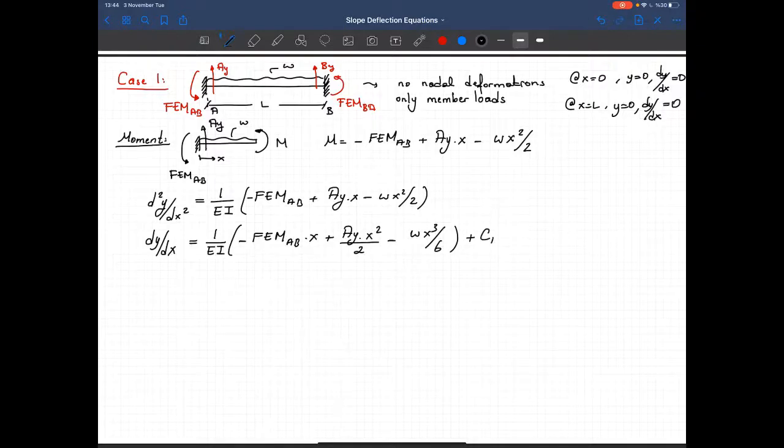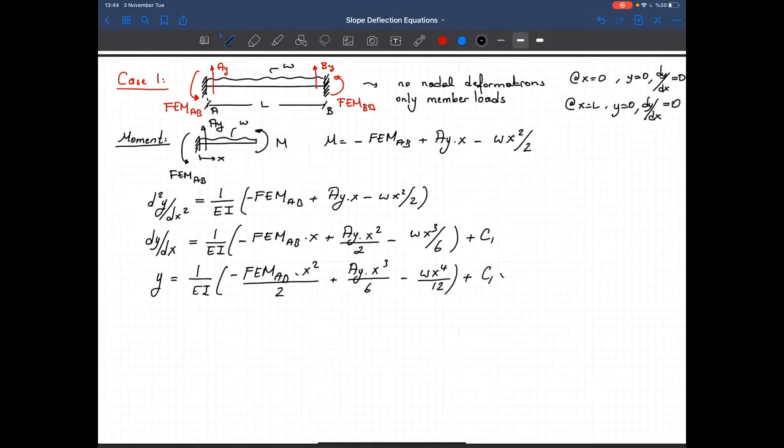And y is equal to 1 over EI times minus fixed moment AB X squared divided by 2 plus AY X cubed divided by 6 minus W X to the power 4 divided by 12 plus c1 X plus c2.